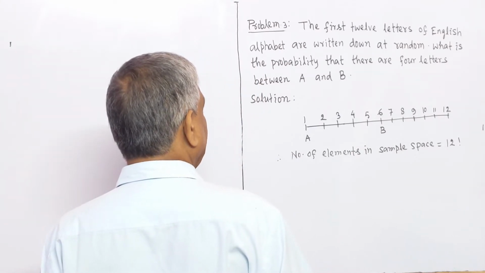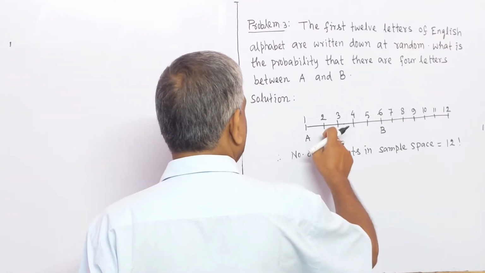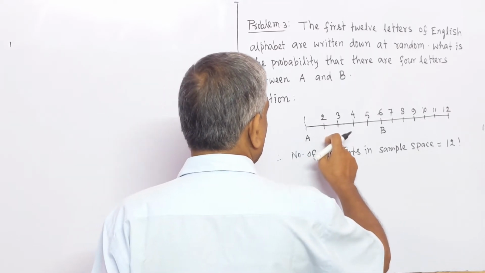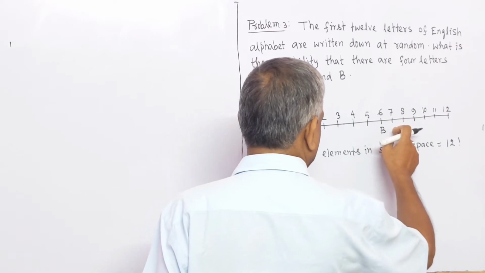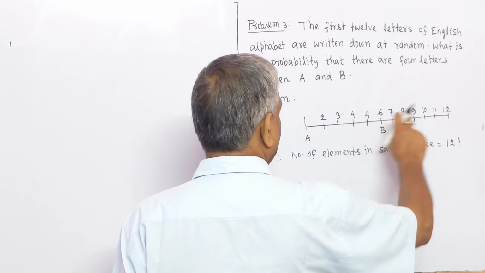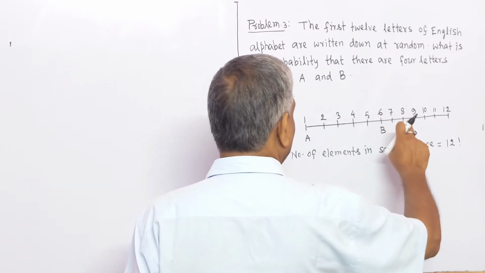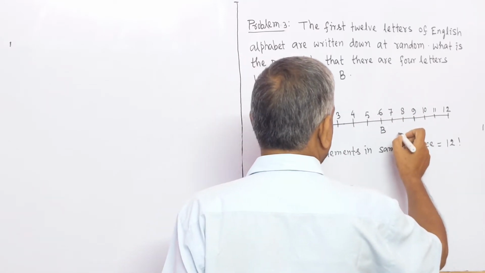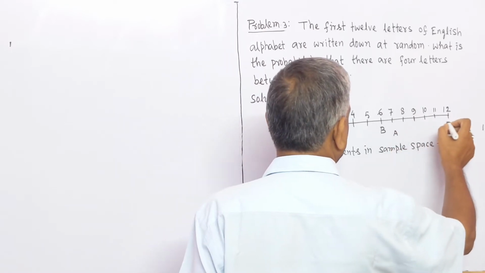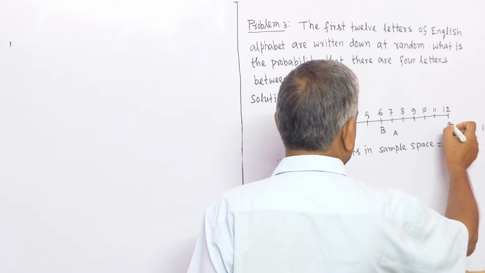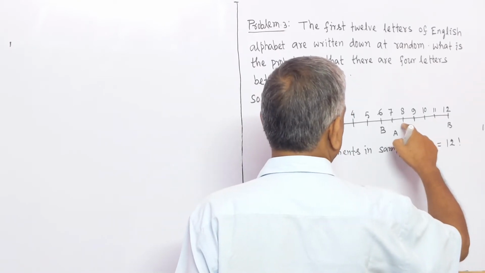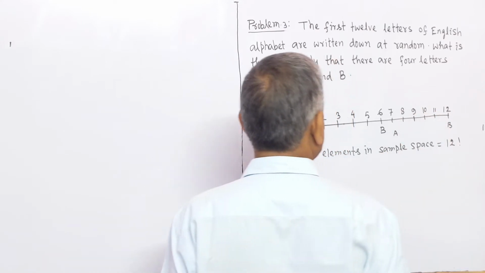In the similar manner, if we write A in the place 2, we have to write B in the place 7. In this way, we will go forward, and lastly, if we write A in the place 7, then we have to write B in the place 12, because between these we get 1, 2, 3, 4 places.